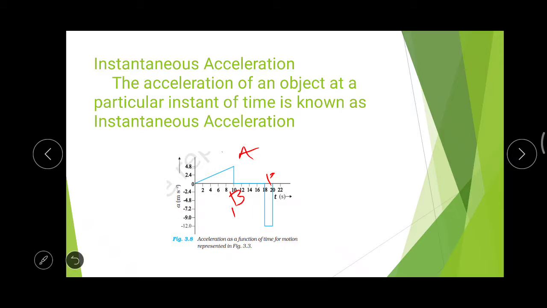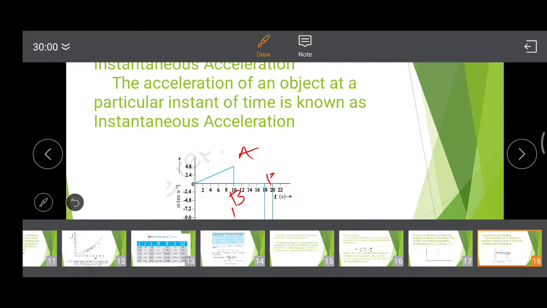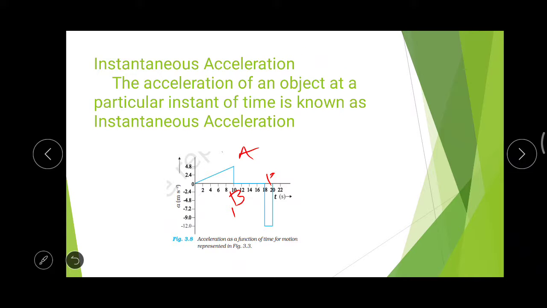Afterwards you can see the acceleration is getting in the negative direction, and the magnitude of the negative acceleration is decreasing. After a point, from 18 seconds to 20 seconds, the acceleration value remains constant and is equal to minus 12 meter per second square.